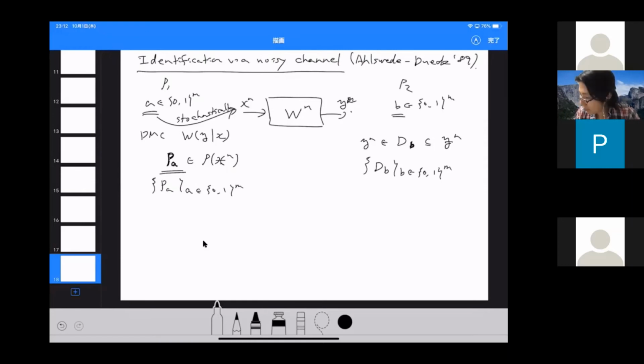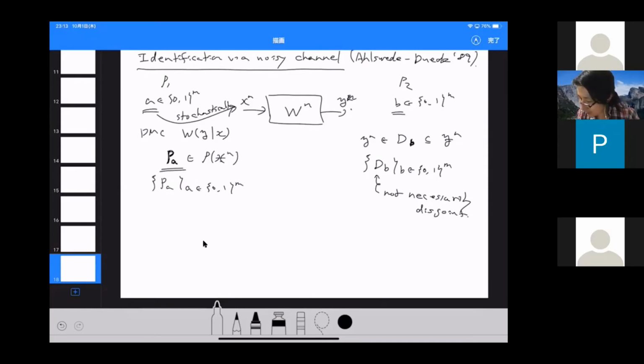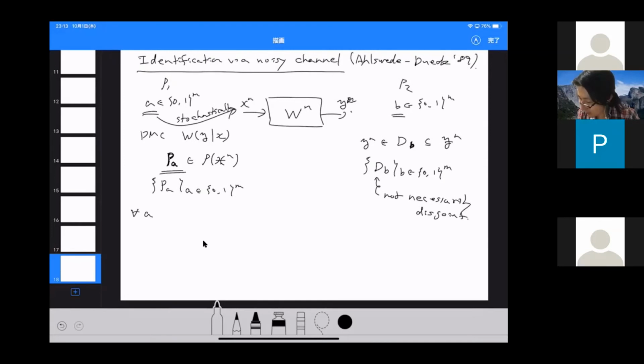But note that unlike the standard transmission code problem, the channel coding problem, these decoding regions are not necessarily disjoint in the identification problem.